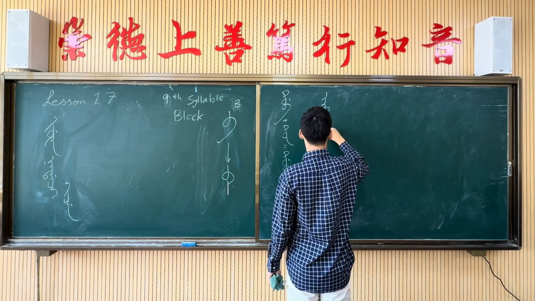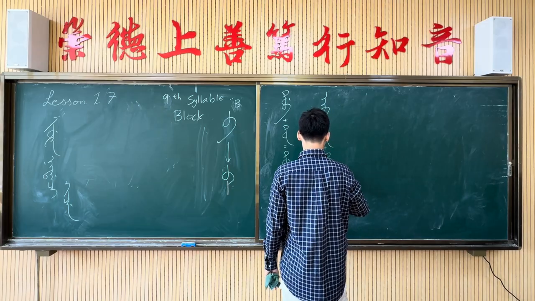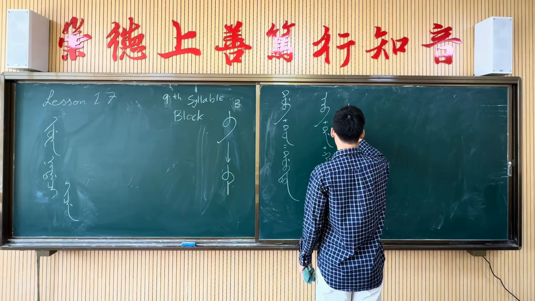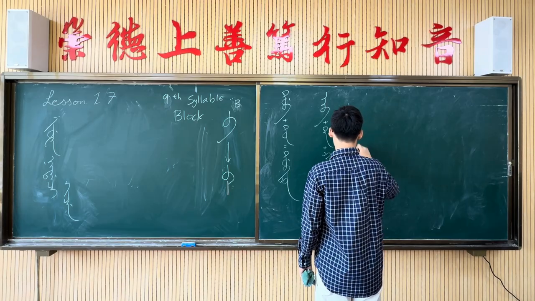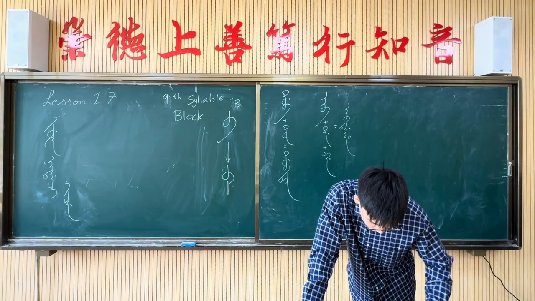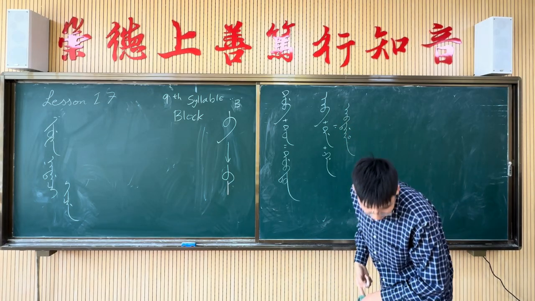Okay, and then we are gonna move to Abdaha. Abdaha means leaf. Okay, then we have Dabkuri.